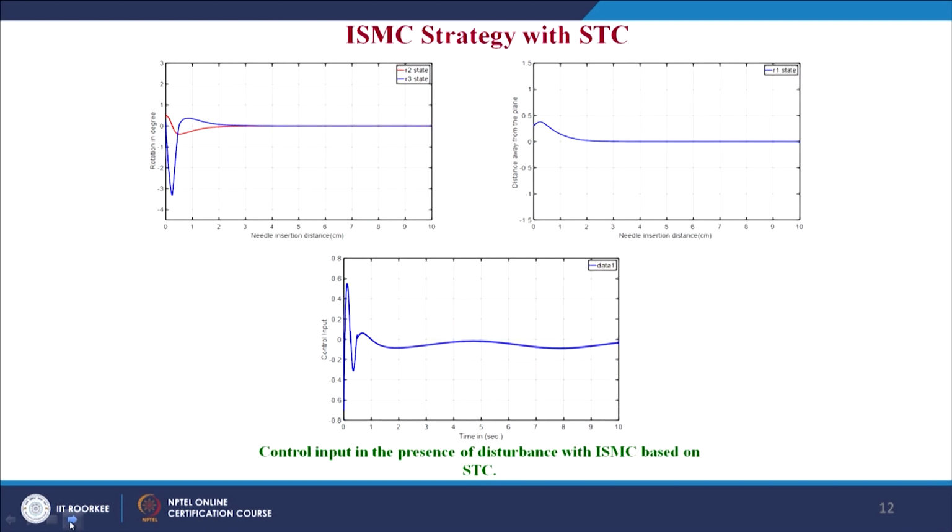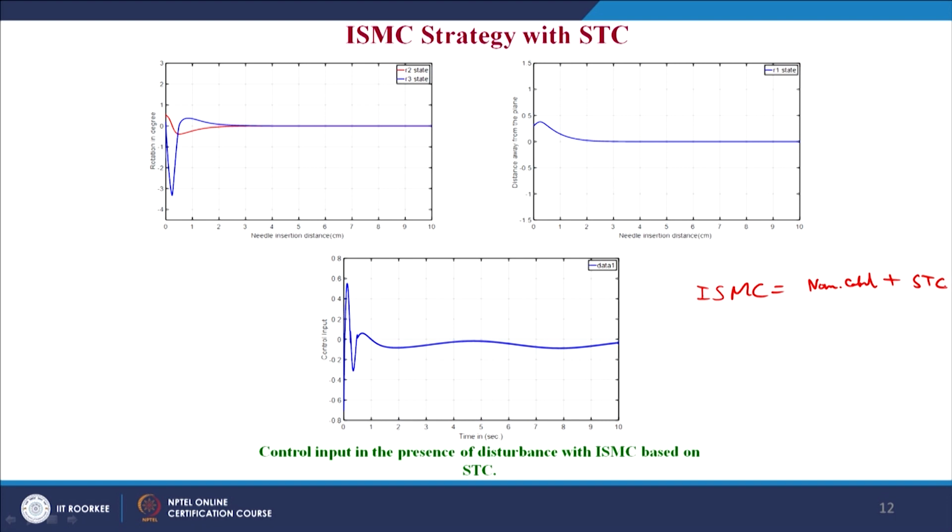So, for the discontinuous part in the integral sliding mode controller, which is nominal control plus discontinuous control, a super twisting controller is used instead.